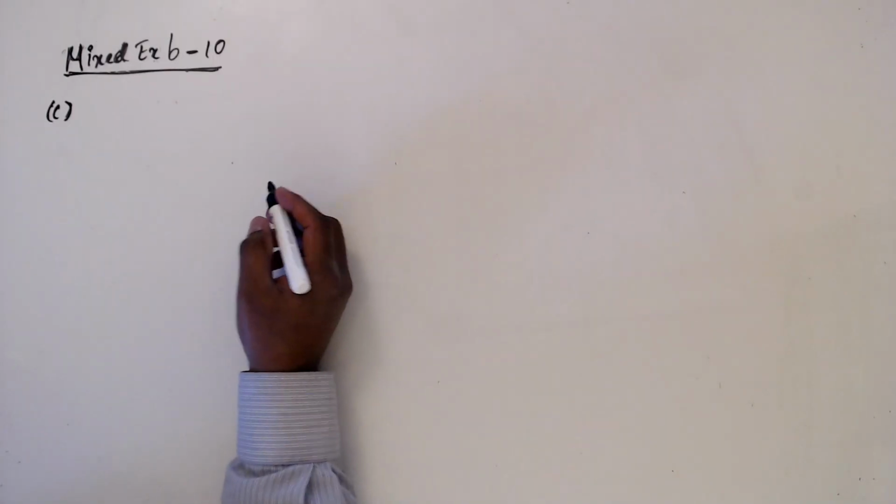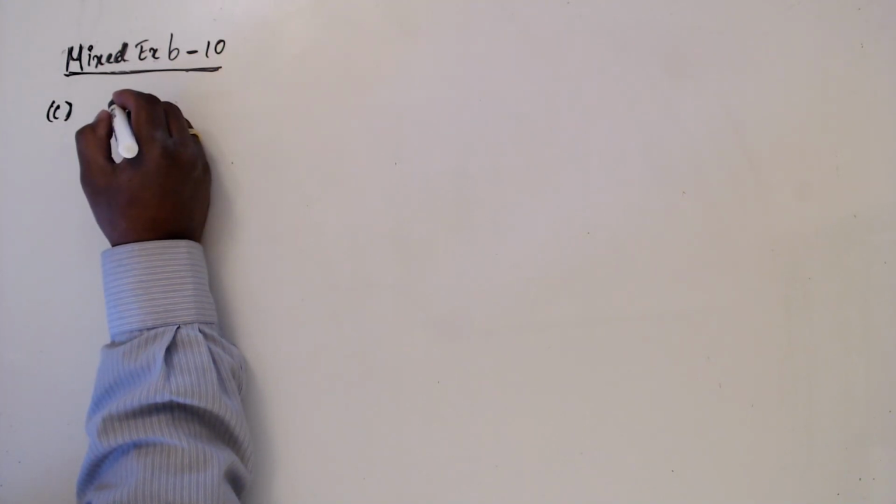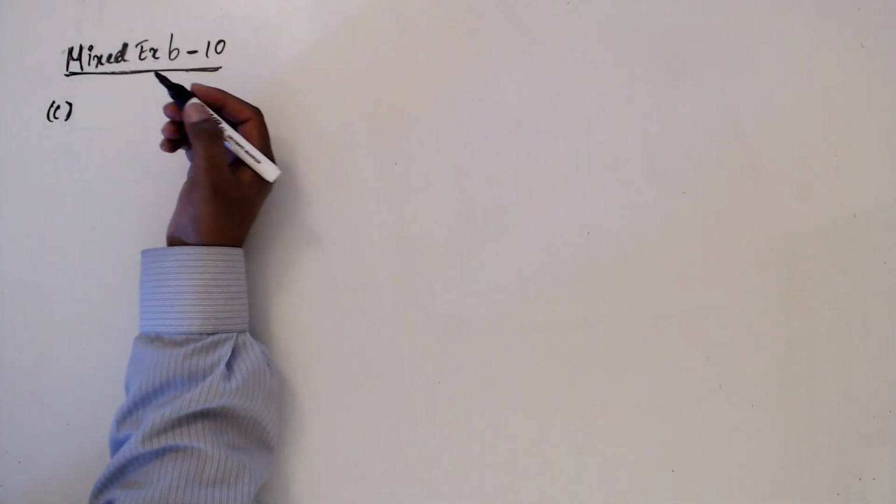Part C of this question: calculate the smallest number of houses we must canvass so that the probability of his getting at least one success exceeds 0.99.